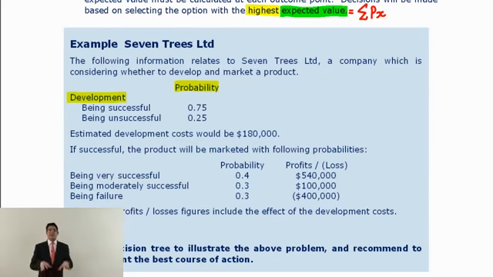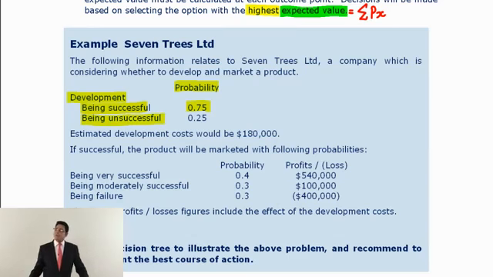So I'm standing here and I'm thinking, should I develop the product or should I not develop the product? In both ways, if I develop the product, my development may be successful with 0.75 or 75% chance of success.